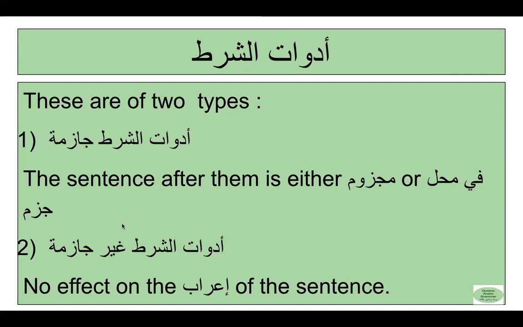mahalli jazm. And why I'm calling it fi mahalli jazm is that sometimes you may see after in a jumla other than mudare. In that case, if you don't find mudare and you find madi, you are still going to call it fi mahalli jazm, because madi is non-flexible and can never be majzoom.